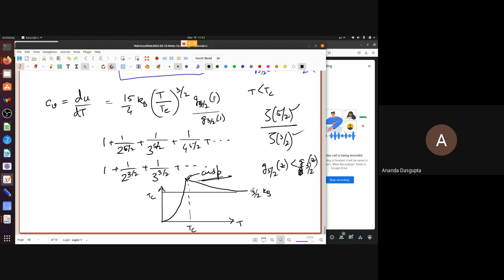But there you also have to talk about interparticle interactions and so on. So there are differences. This is not going to be exactly the same for superfluidity or superconductivity.